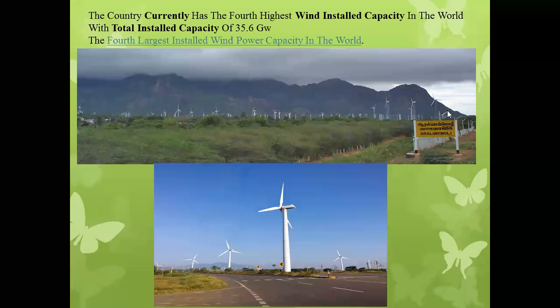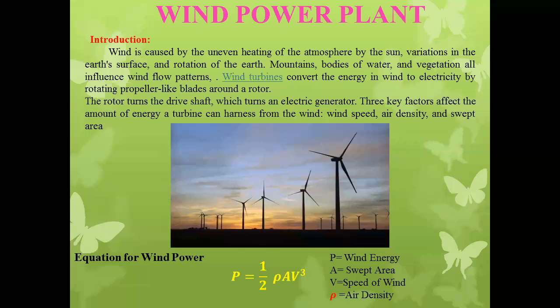So this is the uneven surface of the earth, and it is one of the reasons behind the development of winds. And the major reason behind the development of wind is what? The uneven heating of the earth's surface because of the solar radiation.